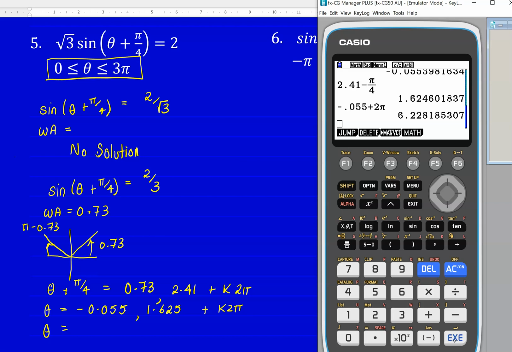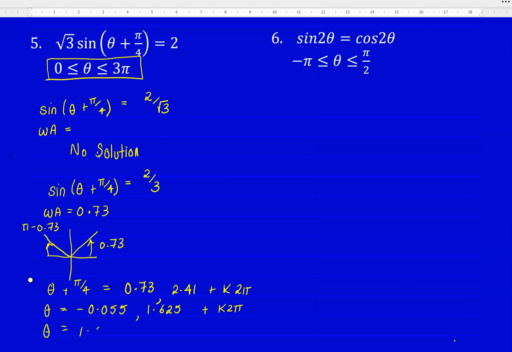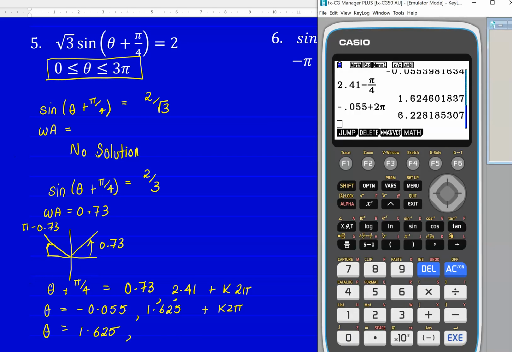So we've got 1.625, that's our first one here, and then we'll have our 6.228.